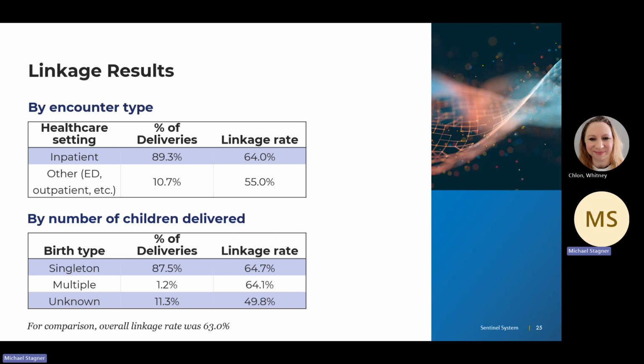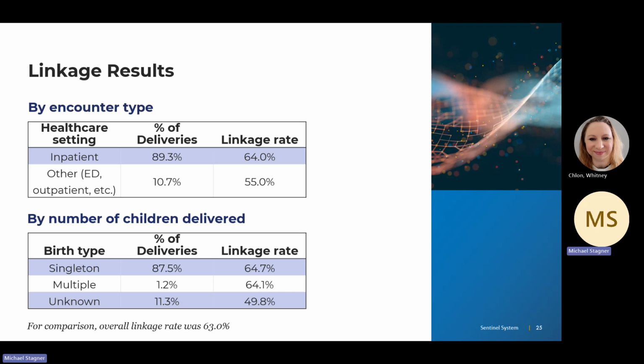And then here's some general information about linkage, and that the majority of linkages are in an inpatient healthcare setting, which is what we would expect. And then there's a smaller number in outpatient or emergency department, that sort of thing. And then same for birth type. The majority are singleton births, but we do have multiples, twins and triplets.